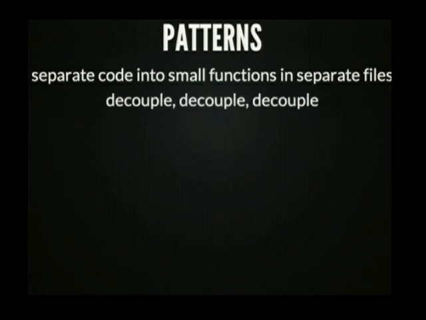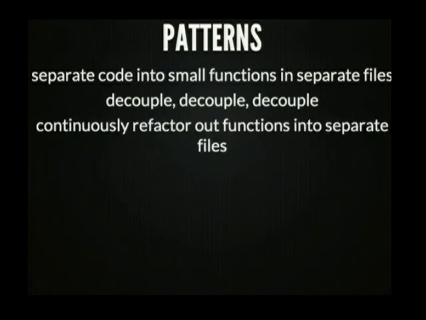But if you already made that mistake, if you already coupled yourself, then just decouple continuously. As your code is evolving, continuously look for pieces that could be separate but are now coupled, and put the extra work in and decouple them.